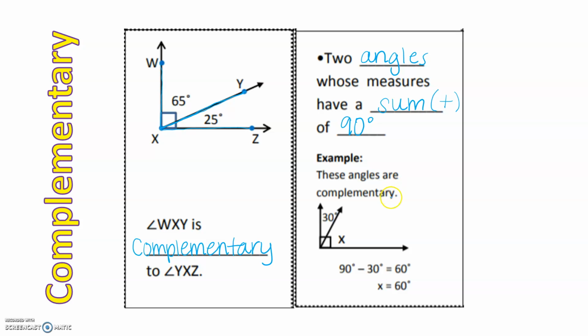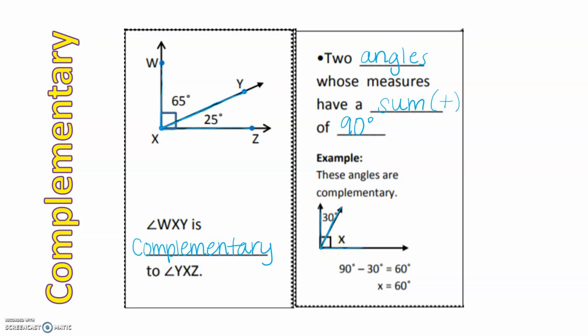So another example, these angles are complementary. This angle up here is 30 degrees, and this other angle is X. We do not know what that is, but we know by this square right here that these two angles together are 90 degrees.